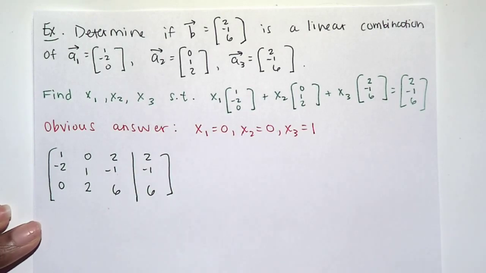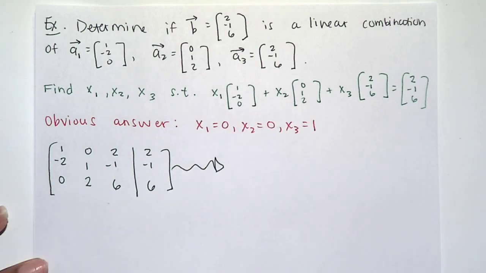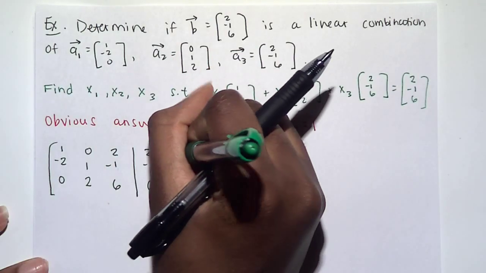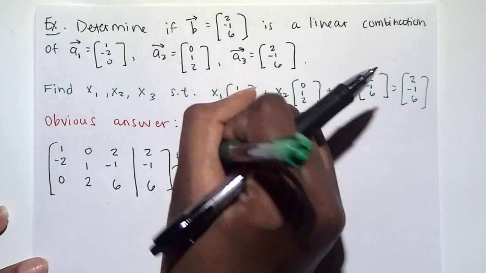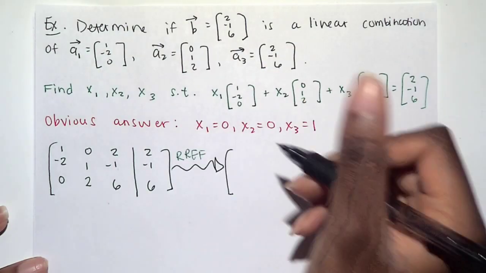And instead of actually going through the row reduction, I'm going to say, oh, we did it, and we put it into RREF. You can always verify this later, but just to save time.